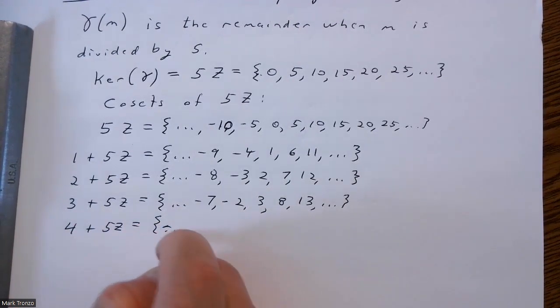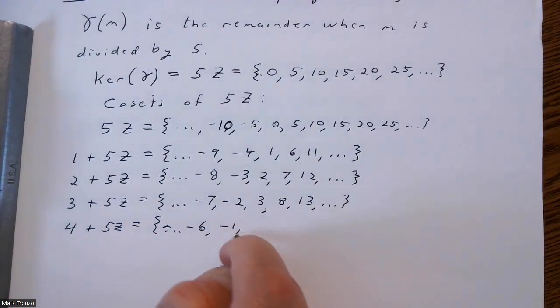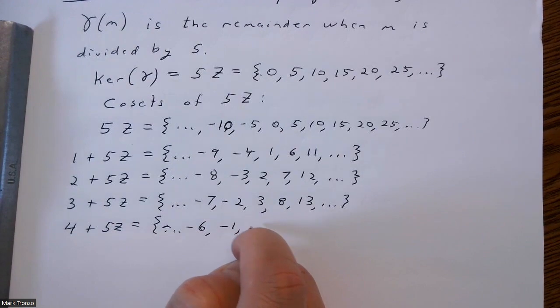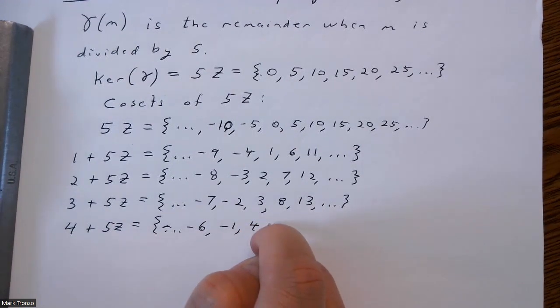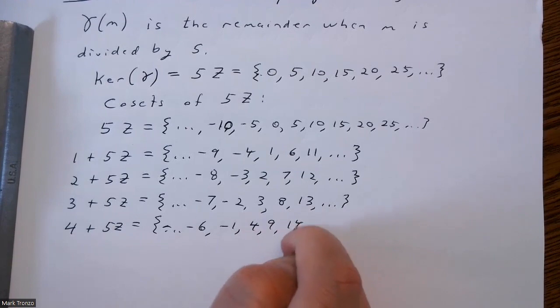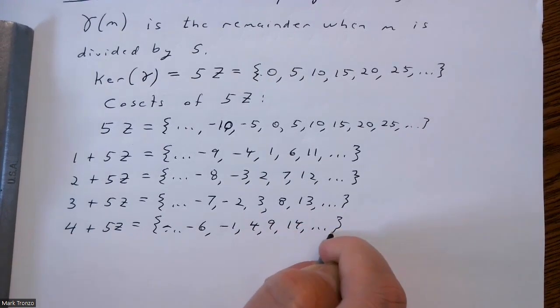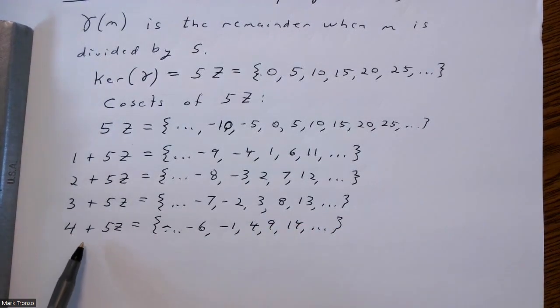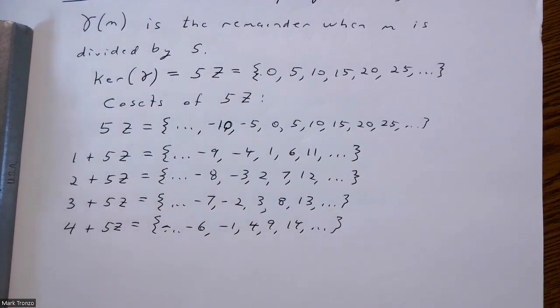That's going to be negative 6, negative 1, 4, 9, 14. And if we add 5, we're going to be repeating. So these are all the possible cosets.